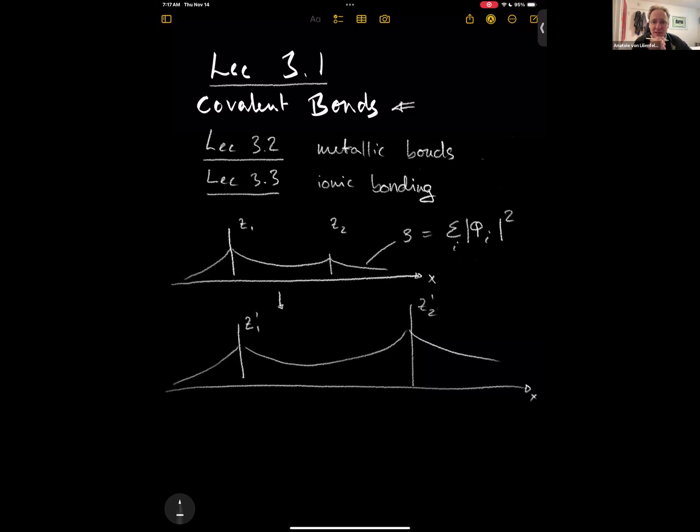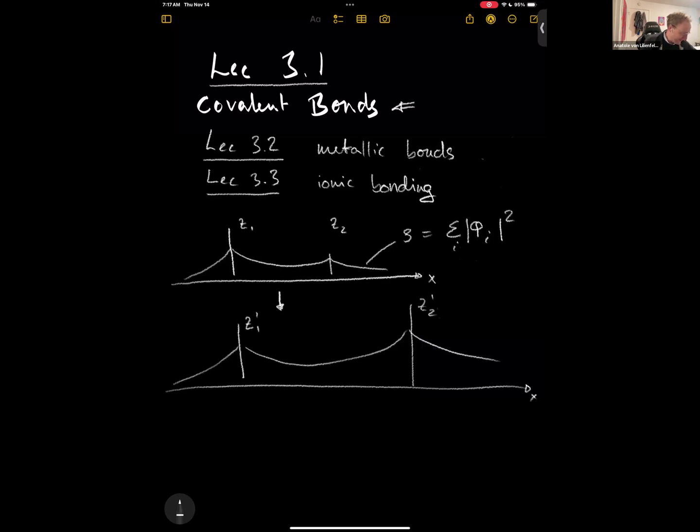And this is a rather realistic picture of how a diatomic molecule could look like. The question is, of course, as you go from this one molecule to another, is there something we can learn, something we can predict? What are the trends as you vary in composition and structure?